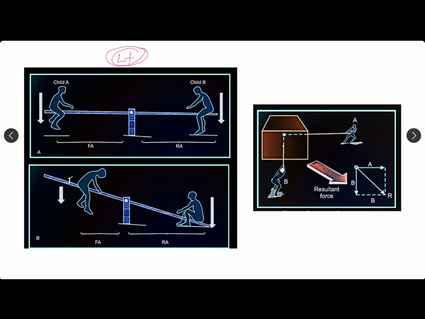So this is the image of concurrent force. These are the two forces acting on the same point but in different directions, and this is the resultant force. And in the left section, it is the parallel force.